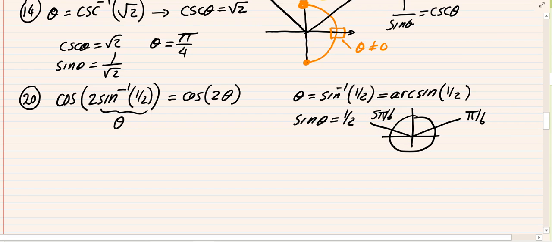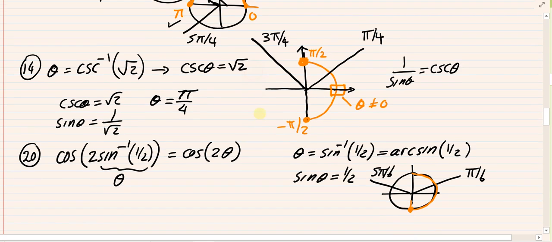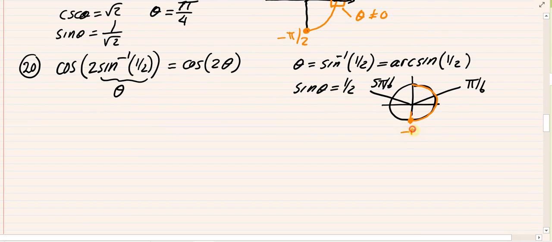But the range of inverse sine goes from negative pi over 2 to pi over 2, in other words, between negative 90 and 90 degrees. So the only acceptable measure is pi over 6.